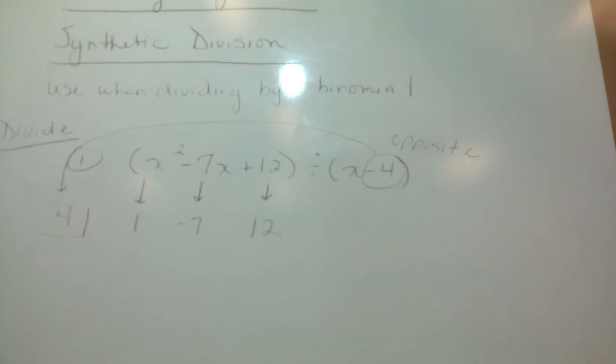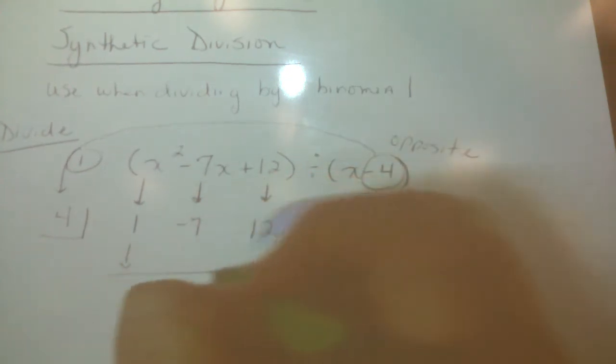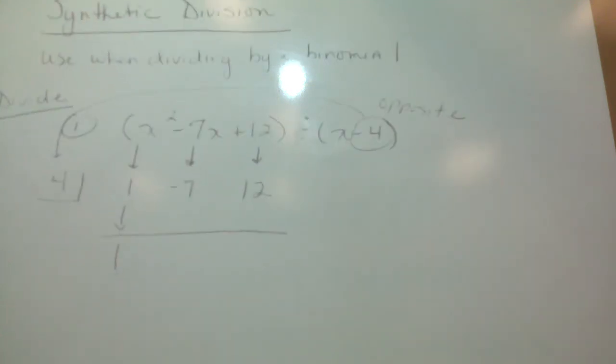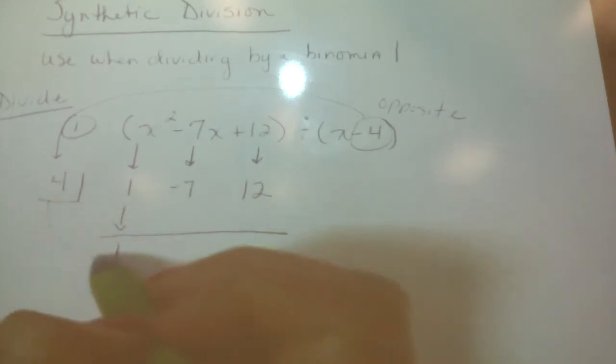All right, so I've brought down the coefficients. I've written my number over in that half box to the side. Now I'm going to bring down this first number again. So that first number you always bring down twice. All right, now here's the process piece of this. I'm going to take that number that's on the side, and I'm going to multiply it to this number.